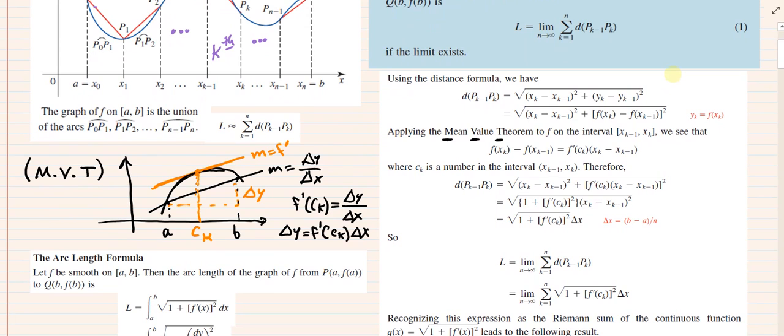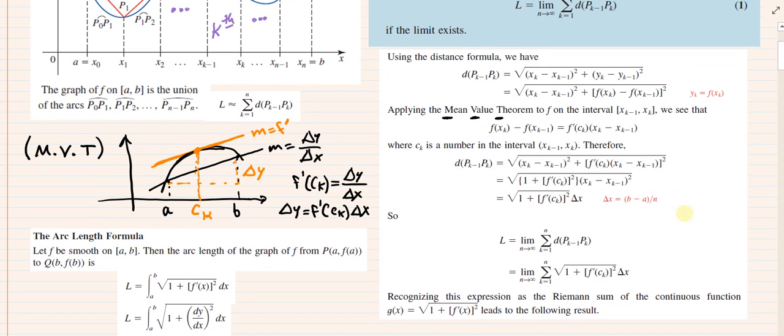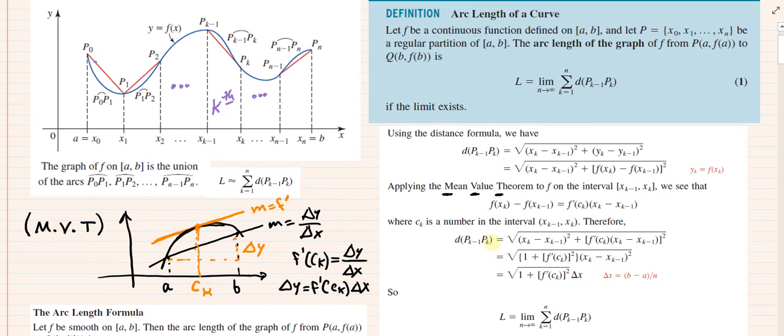So for the derivation of the actual definite integral for this, because this is the limit of a Riemann sum, remember, we can actually define definite integrals using the limit of Riemann sums. So it's worth going over this one. Here's the derivation of the Riemann sum in this case. We're looking at the distance from p sub k minus 1 to p sub k. Using the distance formula, we get the first step.